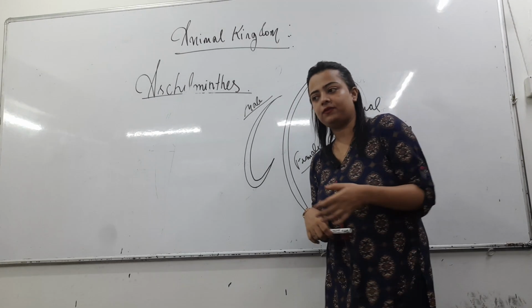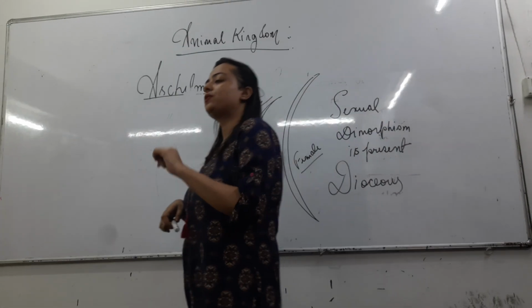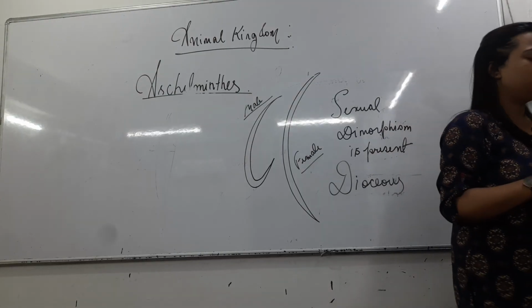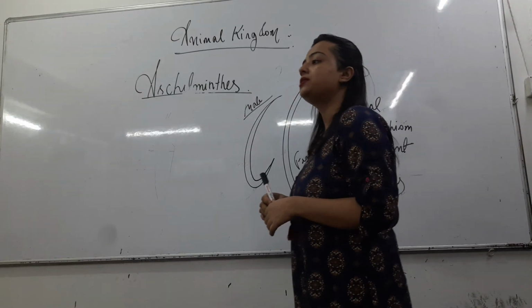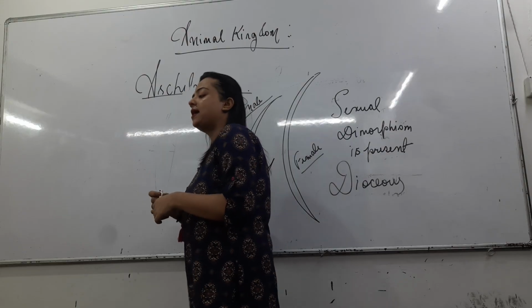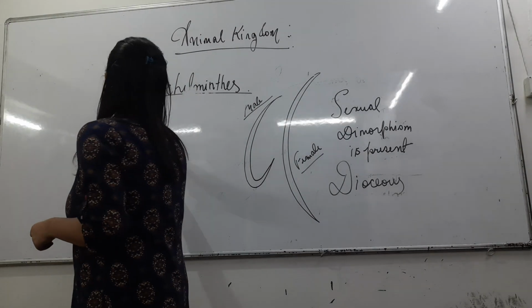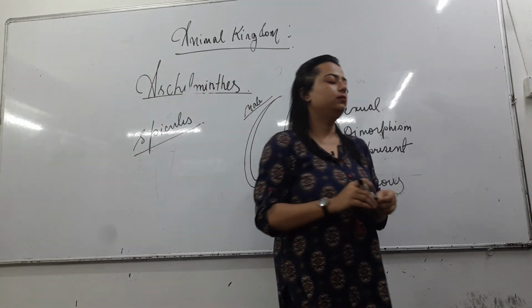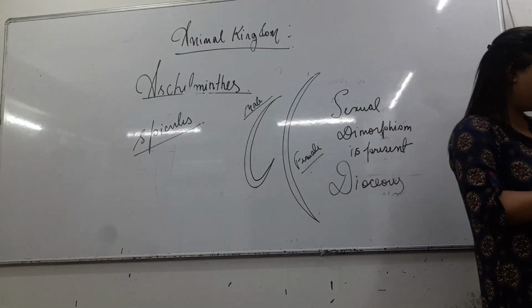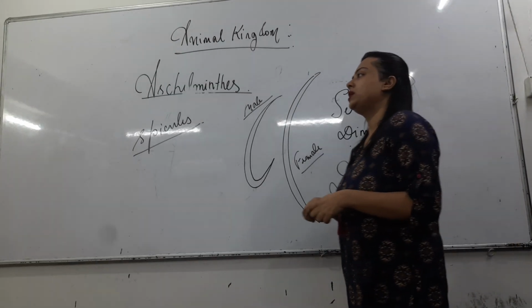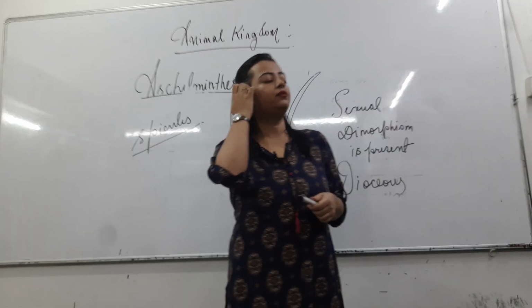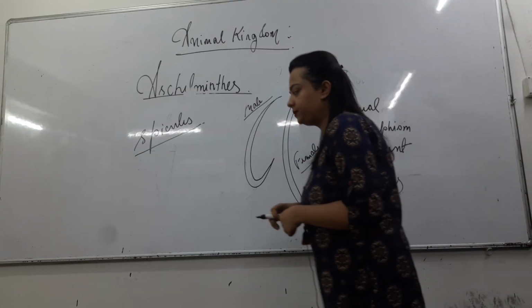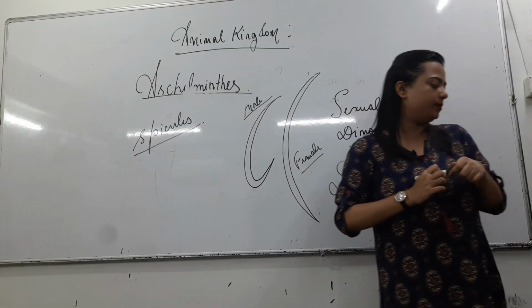Males have small needle-like structures called spicules, which help in the process of reproduction.